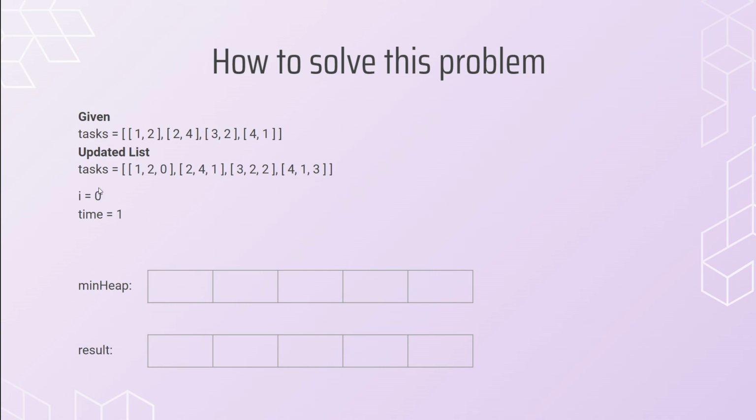Time is actually mapped to the first value on the first index in tasks. So tasks at index 0 and value 0, which is going to be the enqueuing time, and that's going to be the 1. So I'm going to initialize it with 1 off the bat. I also have 2 different lists, min heap and result.